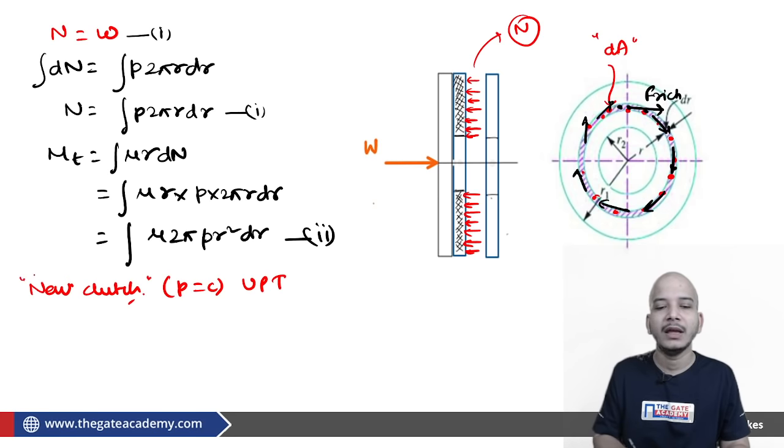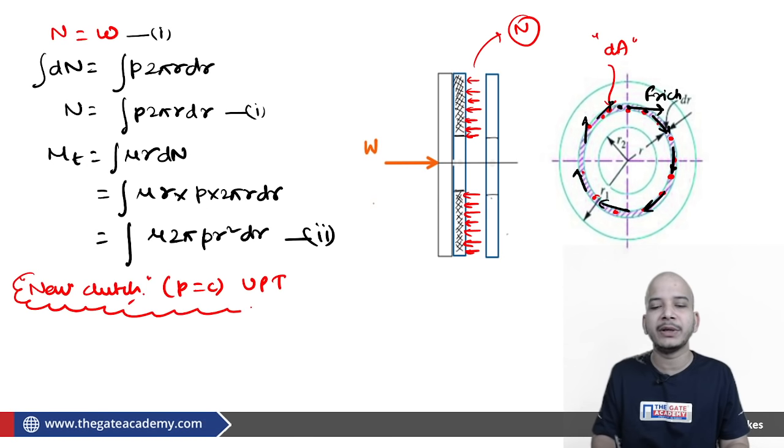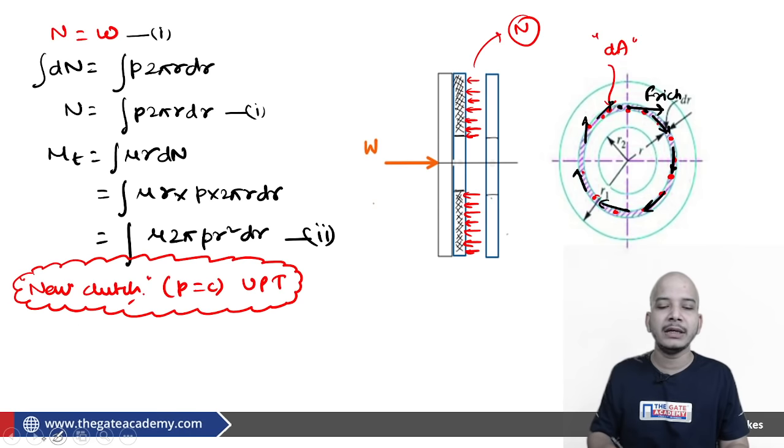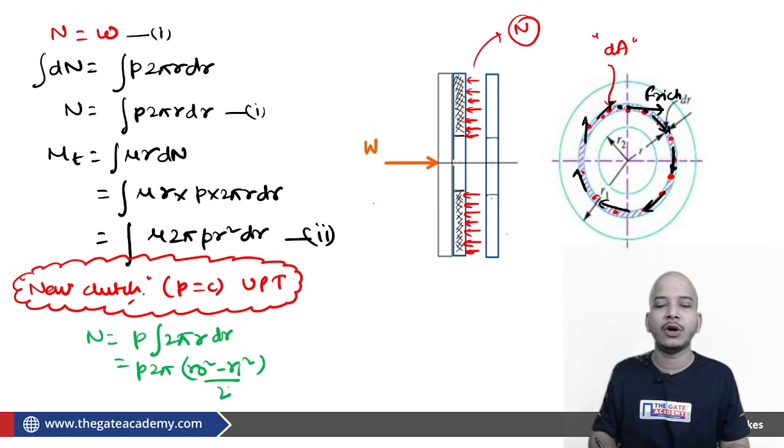Corresponding to uniform pressure theory, P becomes constant. So what will be the value of N? The value of N will be determined using equation 1. So N will be equal to P, which could be taken out, times the integral of 2 pi r dr. On solving this, Ro square minus Ri square by 2, so N equals P into pi into Ro square minus Ri square.